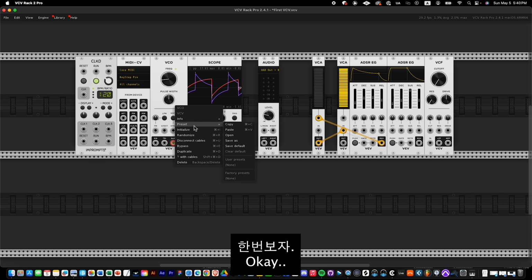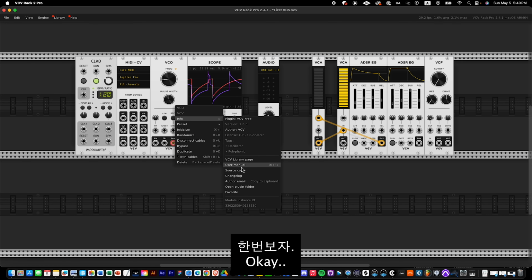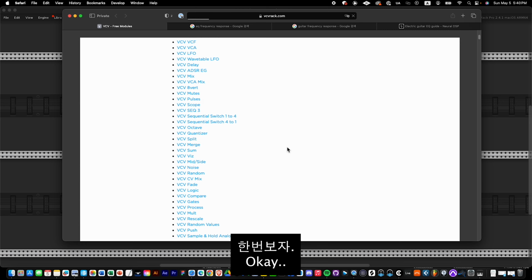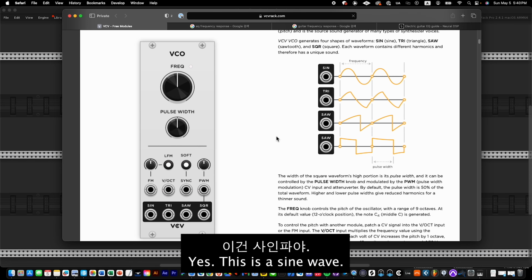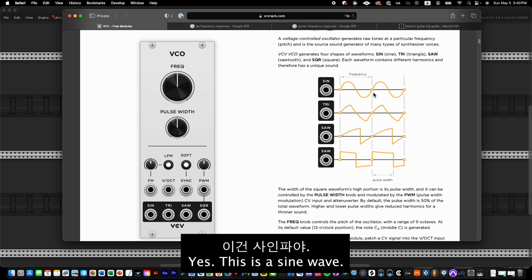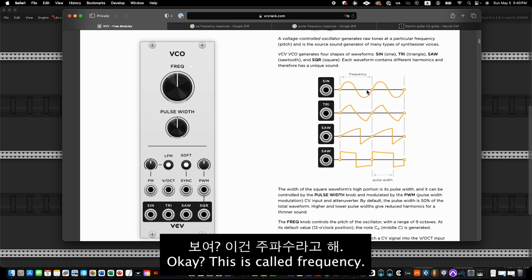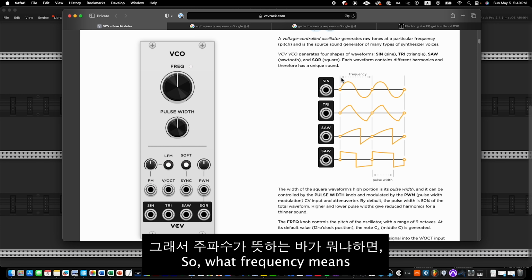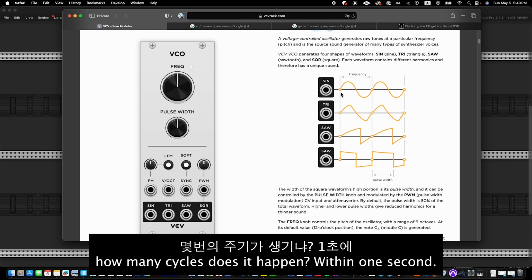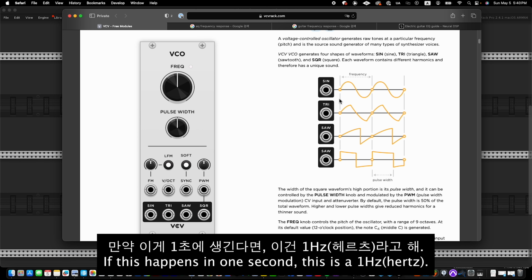Okay, let's see. Yes, this is a sine wave. This is called frequency. So what does frequency mean? How many cycles happen within 1 second? If this happens in 1 second, this is 1 hertz.